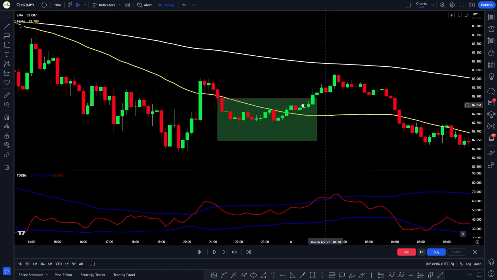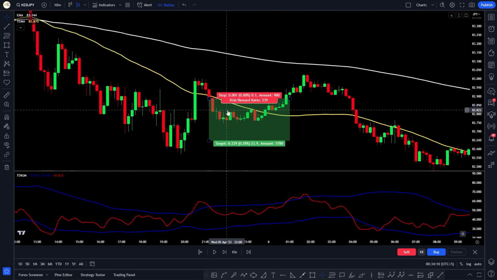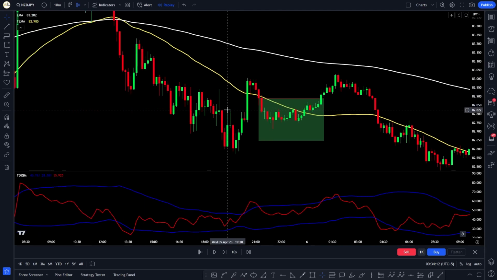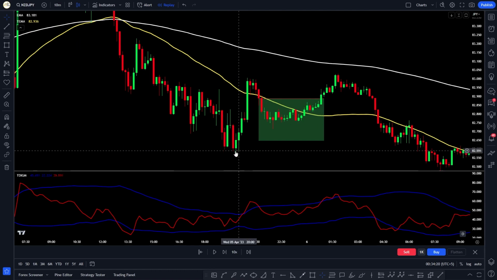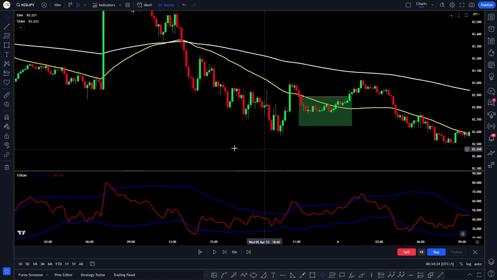So in this area here, you can even see the market reversed, but we were saved from the stop loss because we were able to break even our trade after 1 to 1 risk reward ratio. And if it had played in the direction that we wanted, we would have got double what we had risked. So as you can see, this is how you take the short position using this strategy.